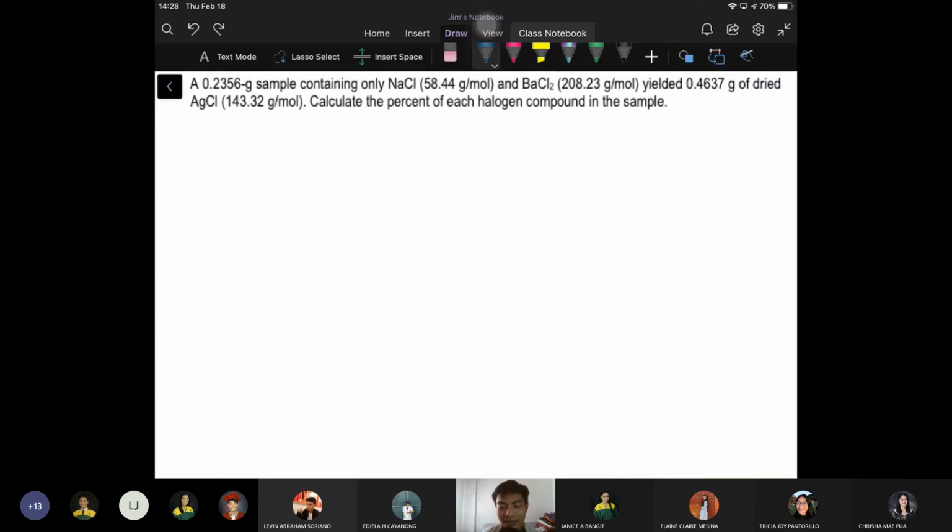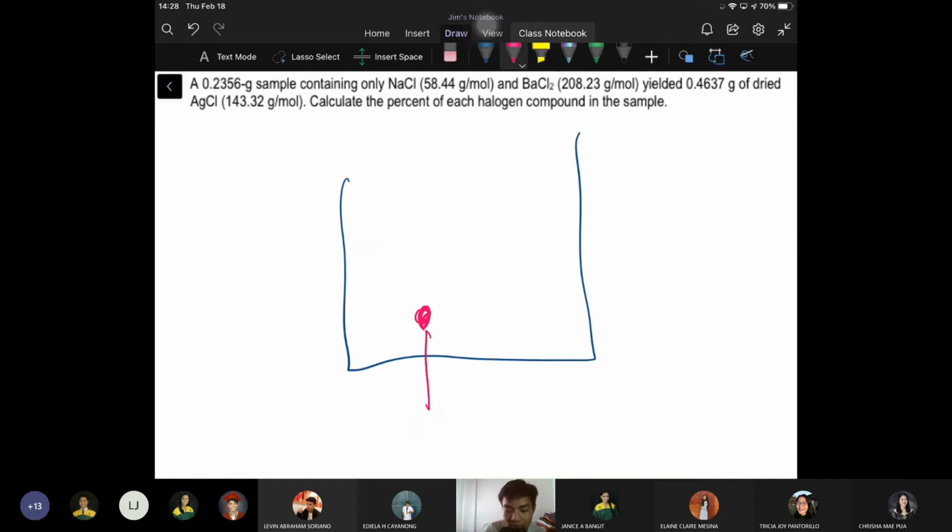So, tagalugin natin. No? Tsaka i-drawing natin ano nangyari. So, meron daw tayong 0.2356 gram of sample that contains sodium chloride and barium chloride. No? Okay. So, kunwari, ito, sodium chloride. Tapos, ito, barium chloride. Pag pinag-add mo daw yung masses nila, equal yon dito, 0.2356.